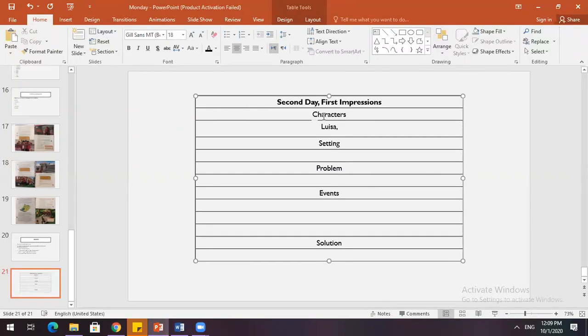Okay, who else was in it? Who else were the main characters? Devon and Tyler and Sawyer, and Helen. Anybody else? Sam. All right.